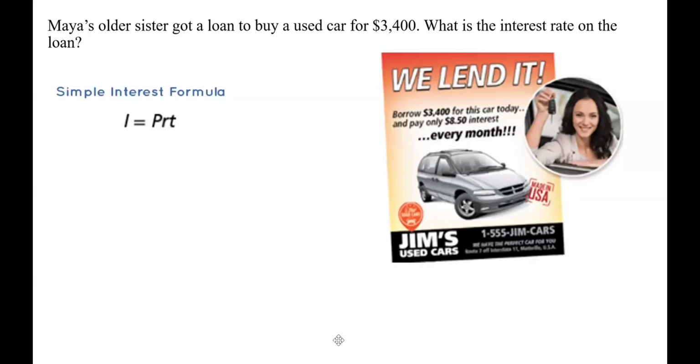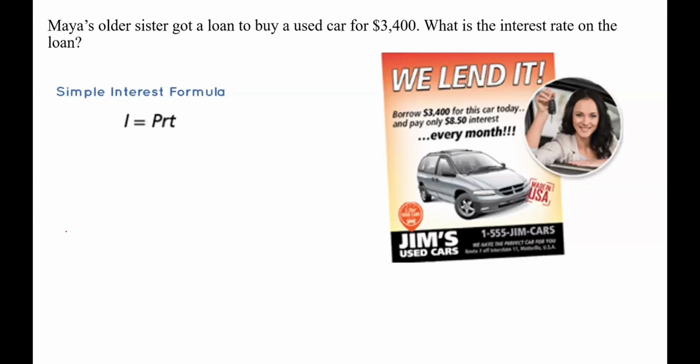Using this example on the screen, Maya's older sister got a loan to buy a used car for $3,400. What is the interest rate on the loan? So basically, all they're asking you to find is the percent by which you repay the loan.